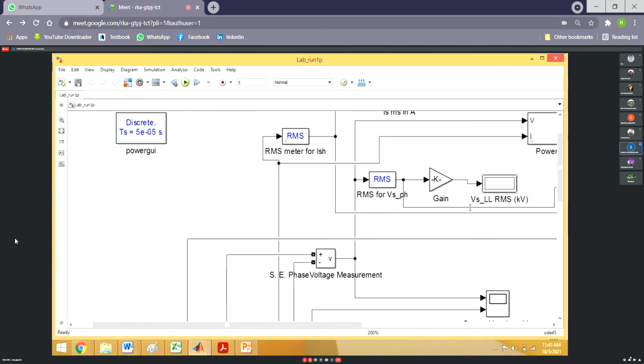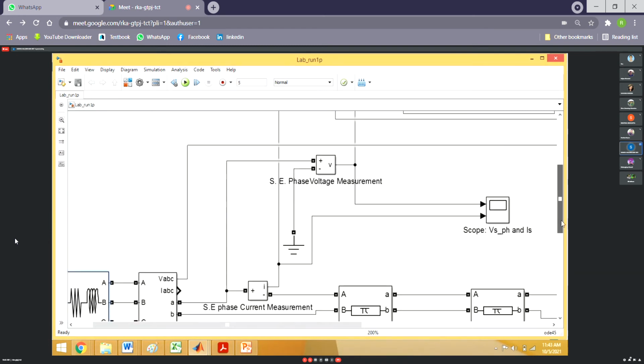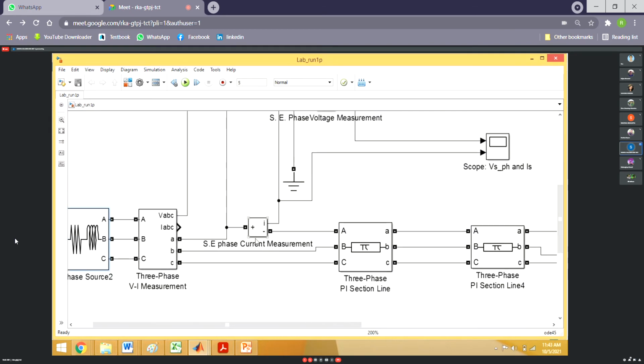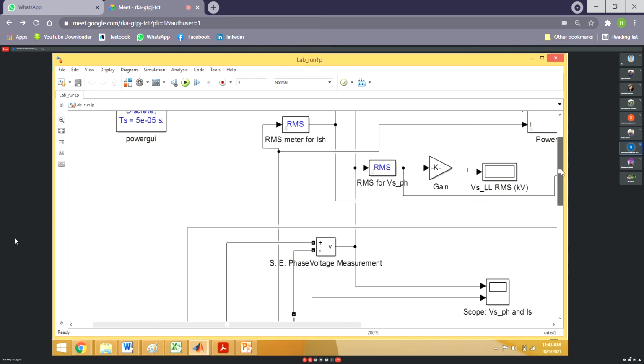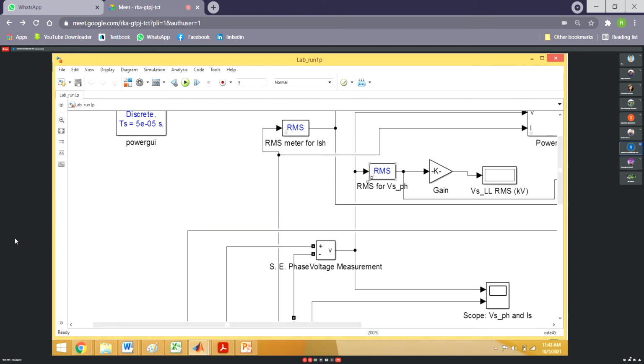So it is the thing written here, VL, SS, VS, LL, RMS. That means it is the sending end line to line voltage. Since I have trapped the A phase voltage and taken the RMS of that, it will be the RMS value of the A phase voltage. Now, if we multiply it by √3, then only I can get the line to line voltage.